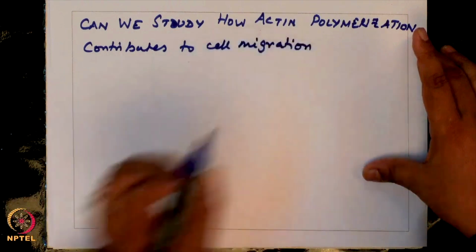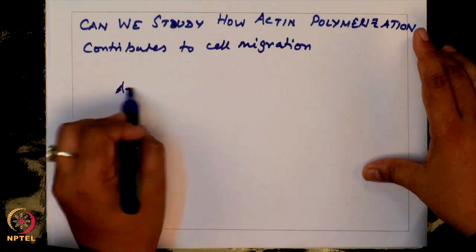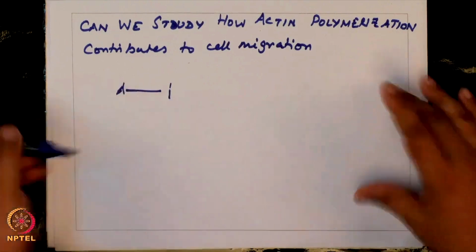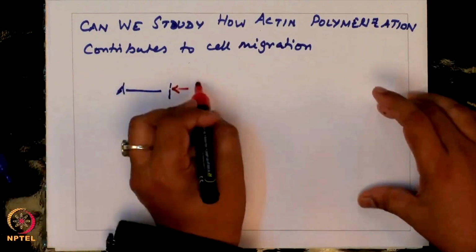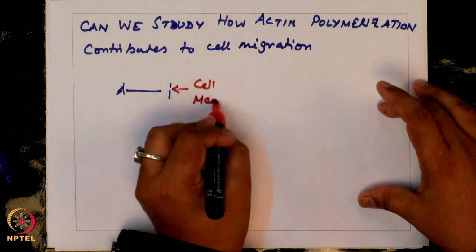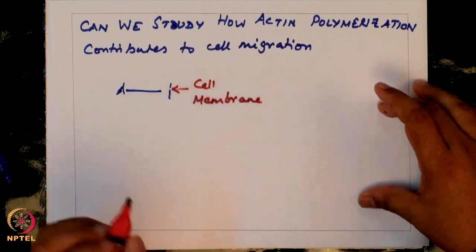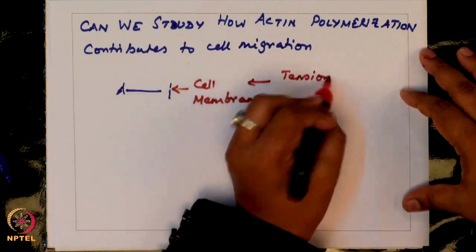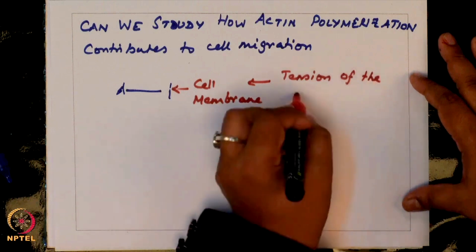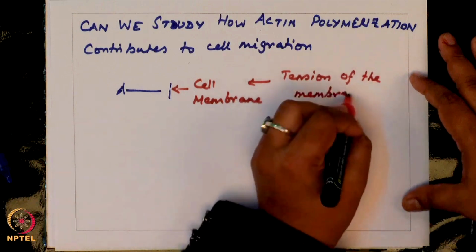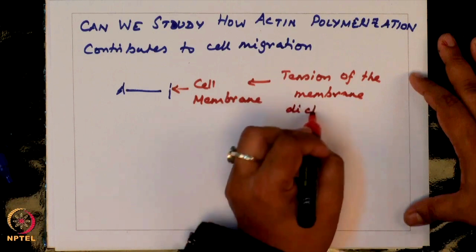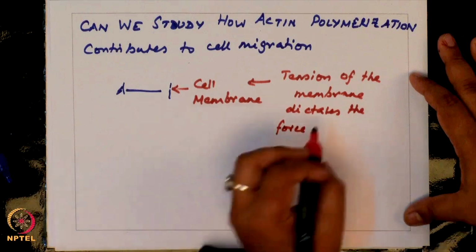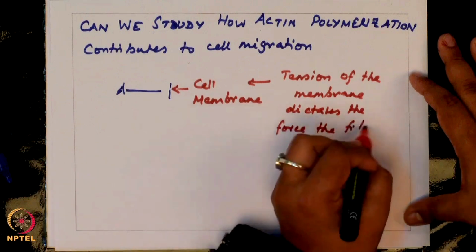So, it is obvious that if you have a filament against a wall, what is the wall in case of a moving cell? The wall is nothing but the cell membrane itself. Because of some tension in the cell membrane, the tension of the membrane dictates the force the filaments are subjected to.